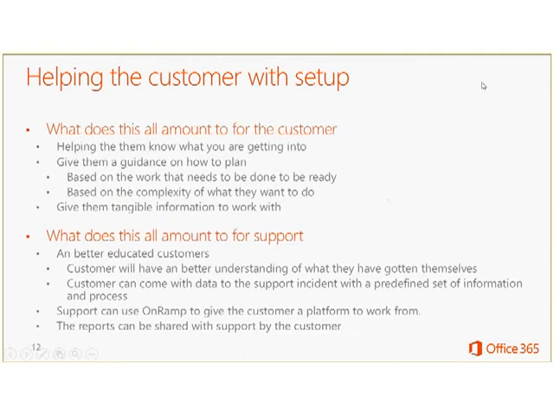So that gives the quick overview of OnRamp as a product as a whole. And what I'm going to do is also talk about what the customers actually get. It helps them know what they're getting themselves into. This is the biggest feedback point we got early on in Office 365, that customers didn't understand what they had actually purchased.